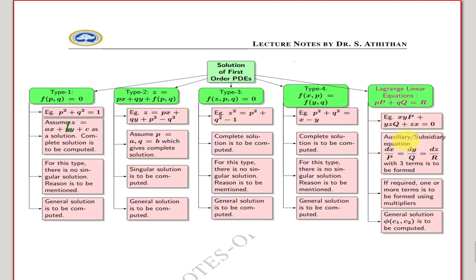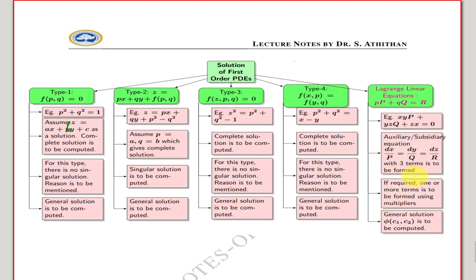Based on that, you can write a subsidiary or auxiliary equation like dx by P, dy by Q, dz by R. So here already three terms are there. With these three terms, if you can integrate directly, you can solve it. Otherwise, if required, one or more terms are to be formed using the multiplier method.